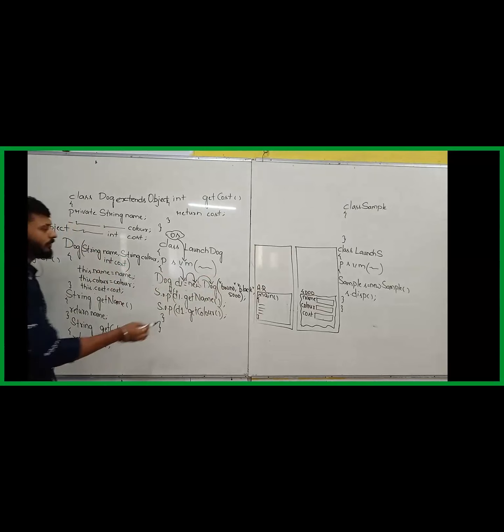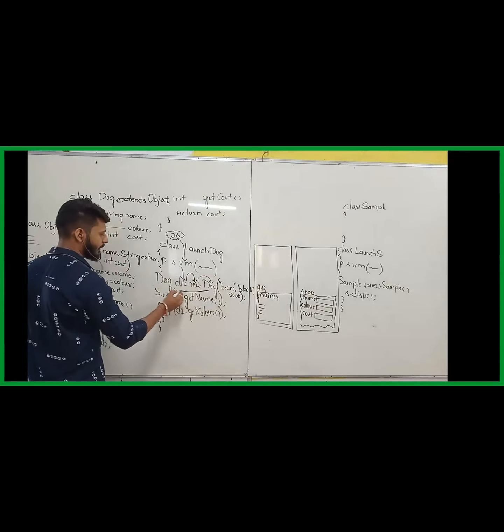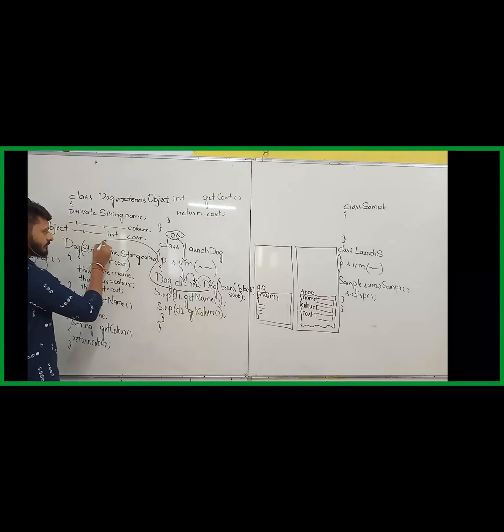Next what? Definitely the control from here will come to where? Here. Yes or no? Now the question is, inside this, what is the first statement?